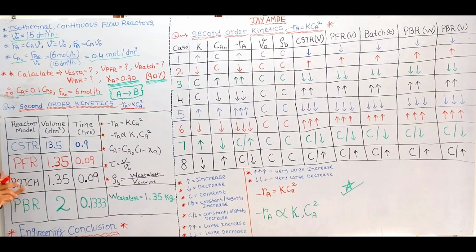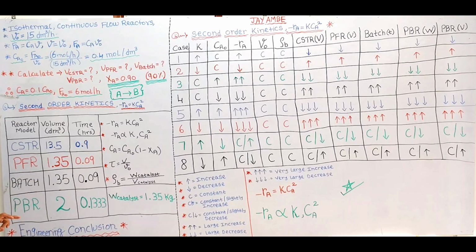And if we select the batch reactor, then we'll have higher operational and maintenance costs, right? So in order to avoid those increases in operational and maintenance costs, in comparison of the PFR with the batch reactor, we'll prefer PFR as the reactor model, okay? I hope you have understood, okay?